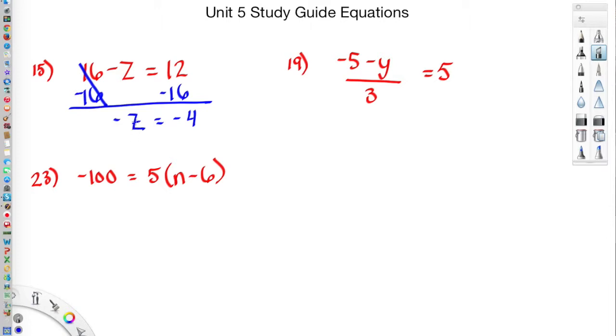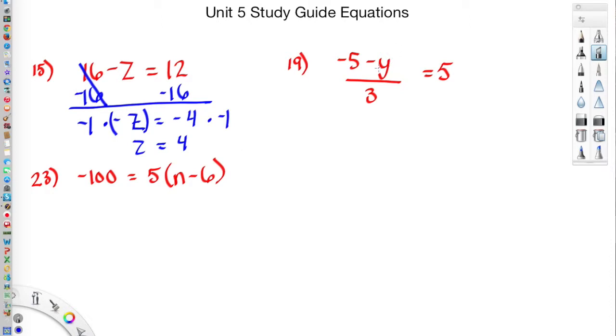I can't leave my variable in negative form. I need to change it to a positive. So there's one more step. I need to multiply this by a negative 1, because a negative times a negative would give me a positive, and I'll also do that to here. And this will be z is equal to 4. It is a 2-step equation.